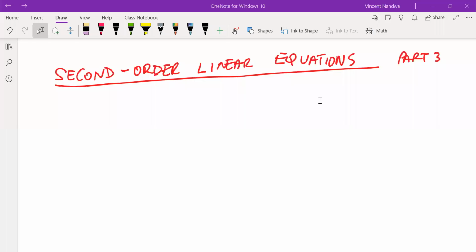So welcome back. We continue with more examples on solving second order homogeneous differential equations. Solve.